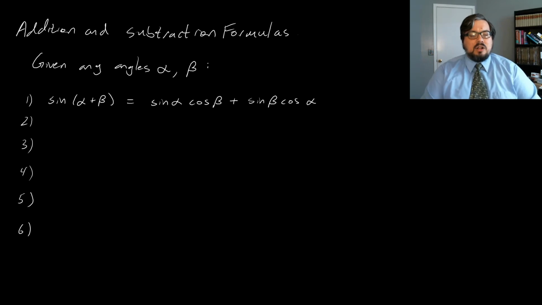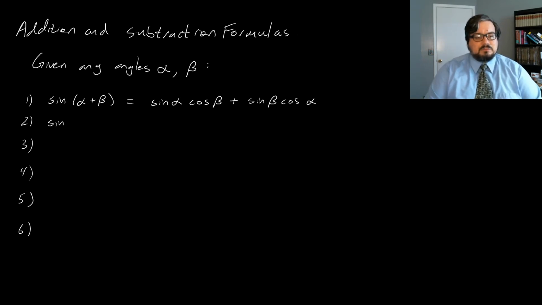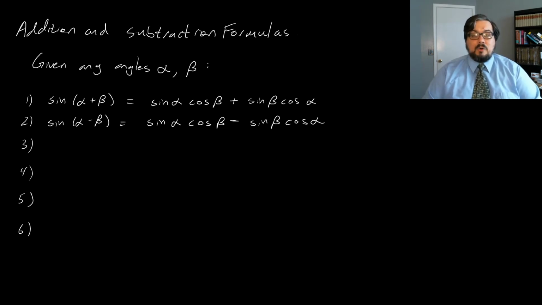And that's what all of these statements here are going to look like. Sine of alpha minus beta is equal to sine of alpha cosine of beta minus sine of beta cosine of alpha. You'll notice that it has the same sort of form as the previous one, but with a different sign.